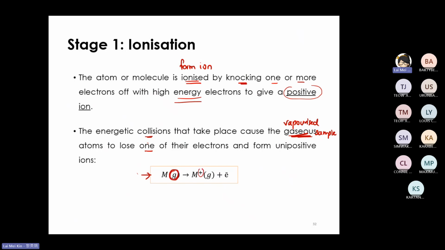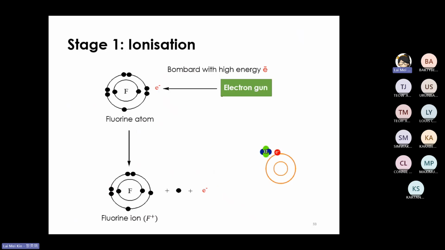It will form a positive ion, also in gaseous state, giving off one electron. So what happened here? Just to show, bombard means hit. Hit with a high energy electron and knock off one of the electrons. Just like this. I hit. There was originally an electron here. I hit it so the electron is removed.